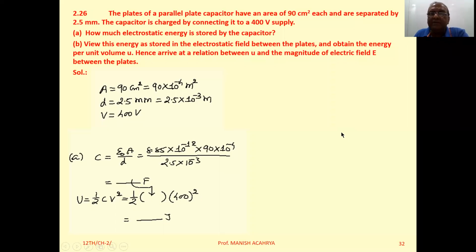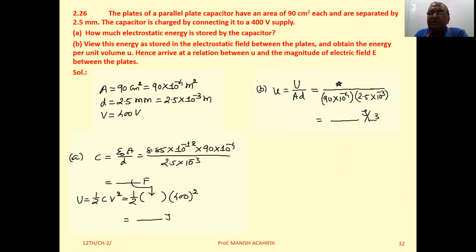Now we want to calculate energy density, that is the energy stored per unit volume. So divide the energy calculated, which is stored in the capacitor, by the volume occupied by the capacitor. So energy density small u equals energy stored in the capacitor, capital U, upon volume, that is area into distance d between two plates.